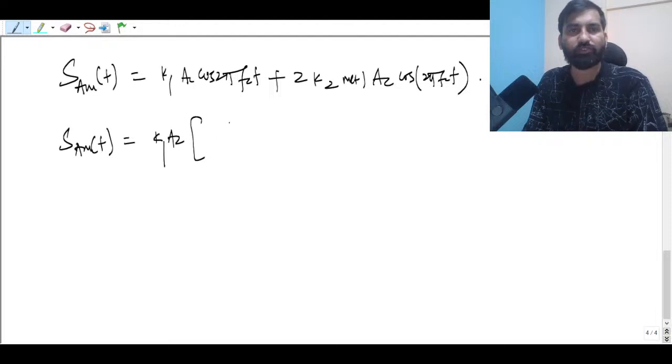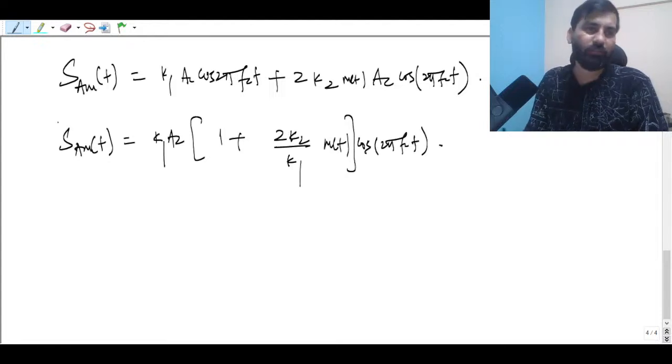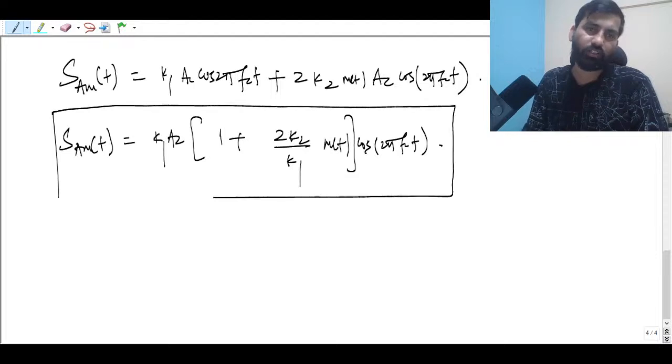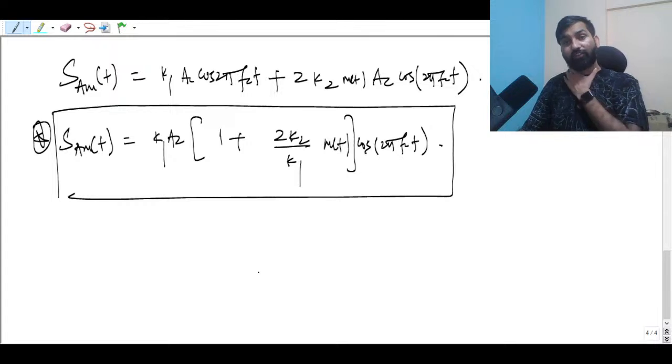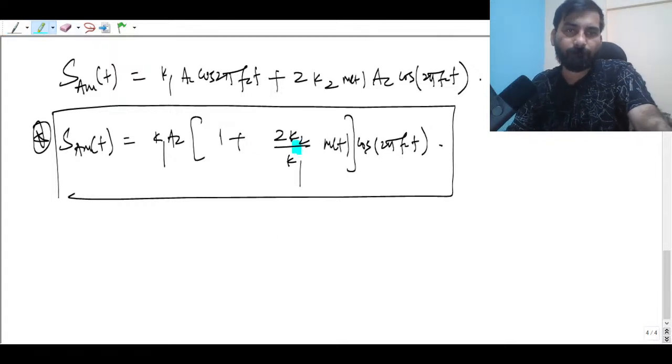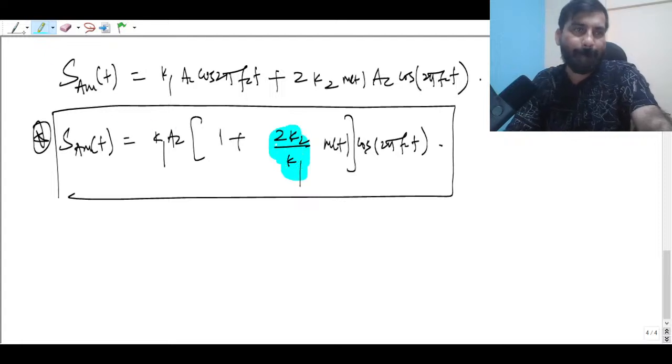So it is nothing but K1 AC into 1 plus 2K2 by K1, cosine 2 pi FCT, right? Now you can compare. This is the important result in case of the square law modulator, where we are using a square law device. Understand?